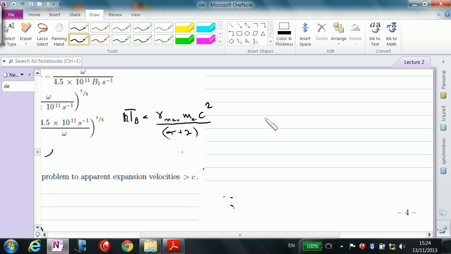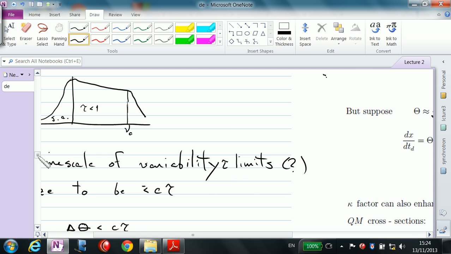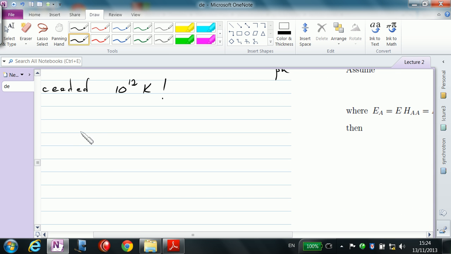So let me say that the conclusion that was accepted historically is that P of omega d omega, and let's say this is the maximum black body of omega delta over 4 pi.